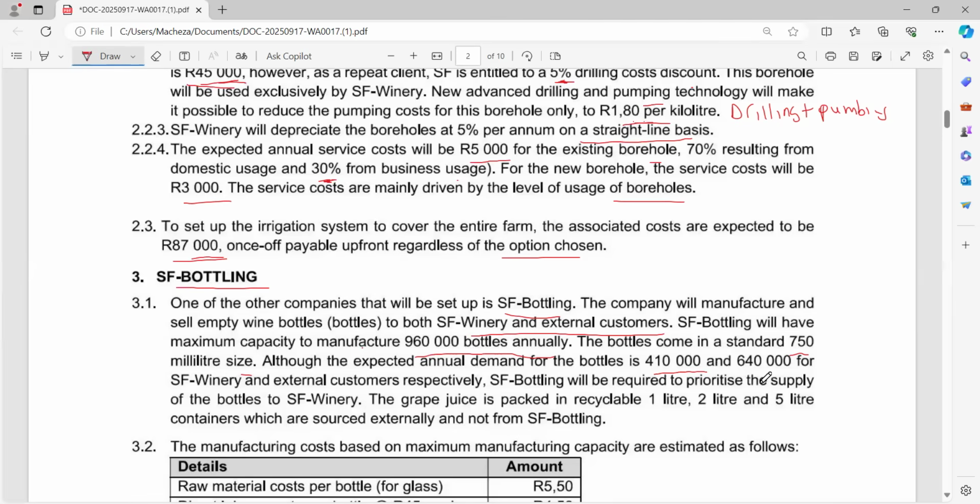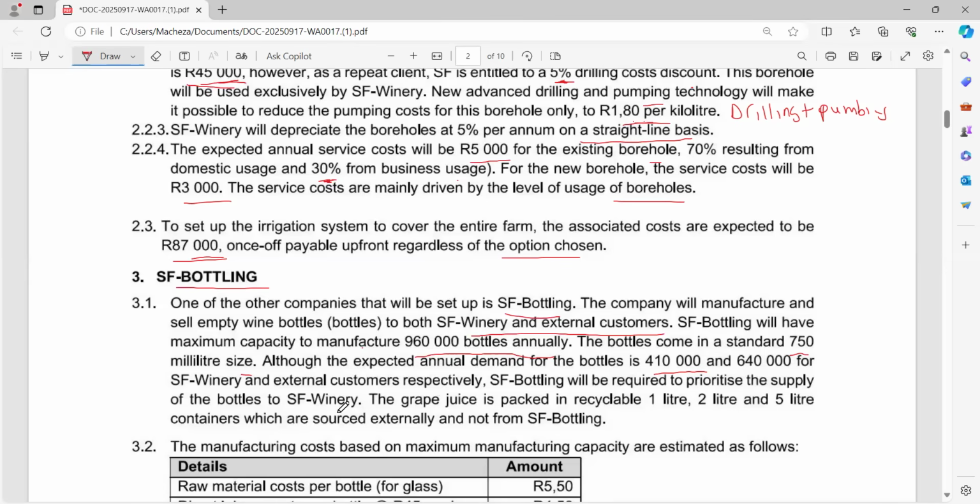410,640 for SF Winery. So the 410 is the internal demand, then the 640, sorry, is the external demand. They go on and say SF Bottling will be required to prioritize the supply of the bottles to SF Winery.